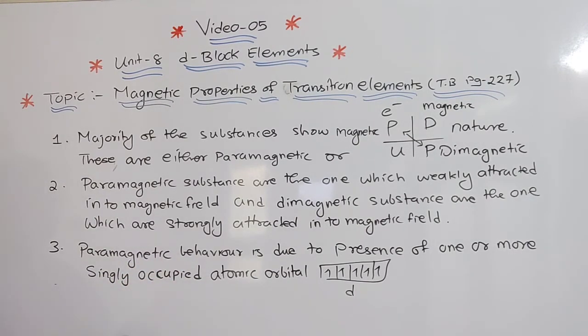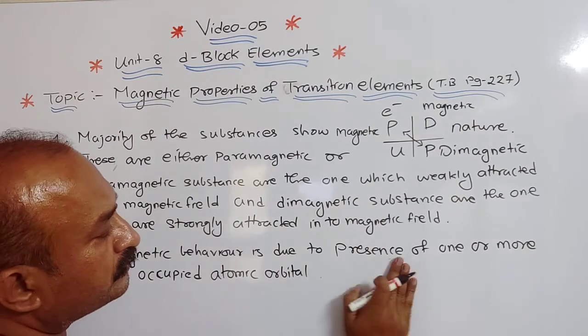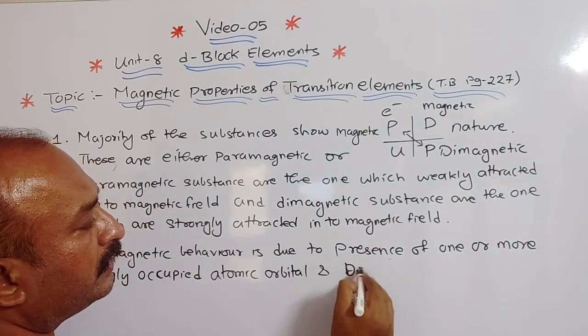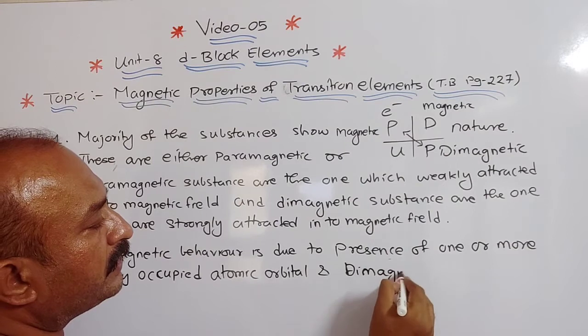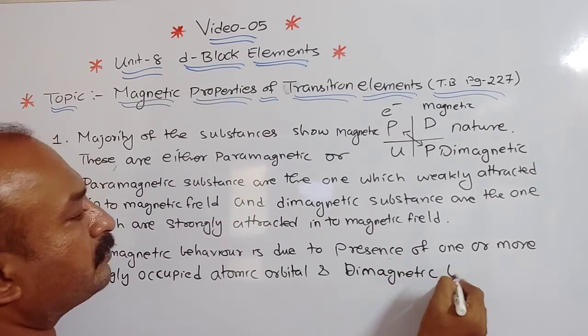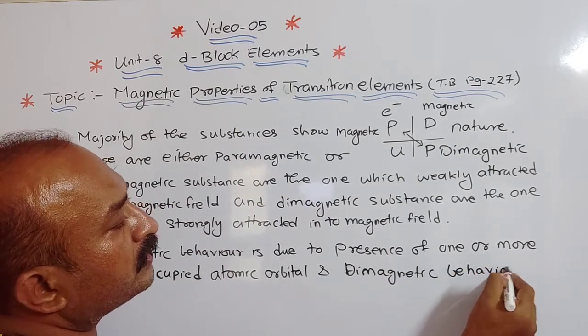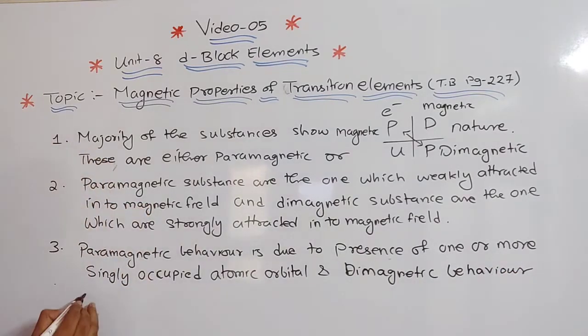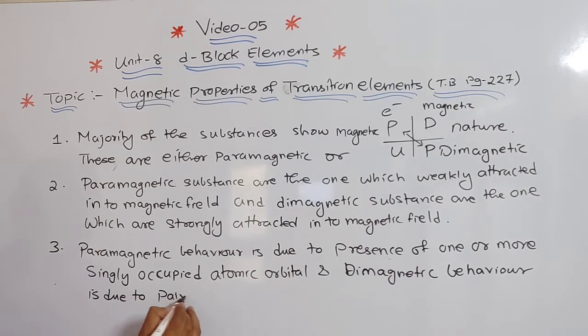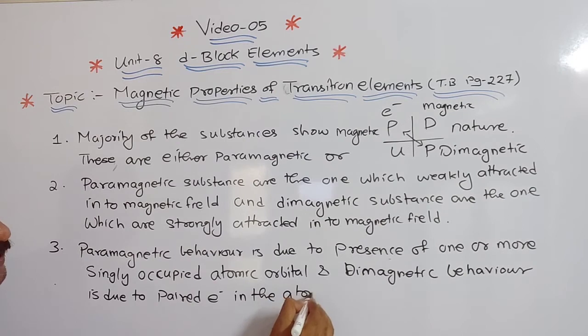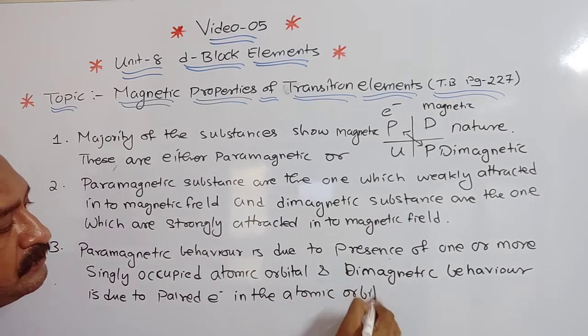And diamagnetic behavior is due to paired electrons in the atomic orbitals.